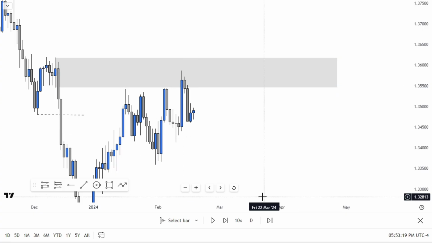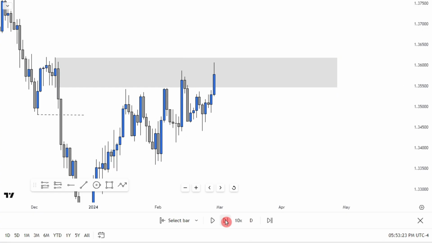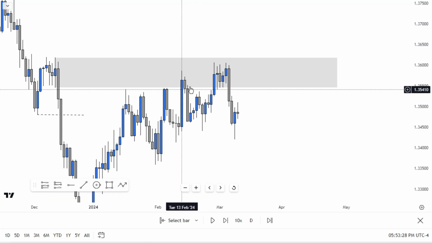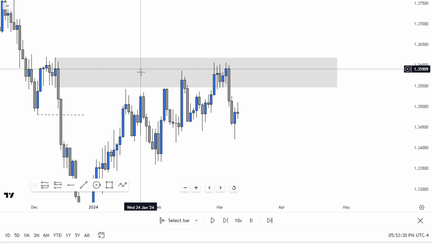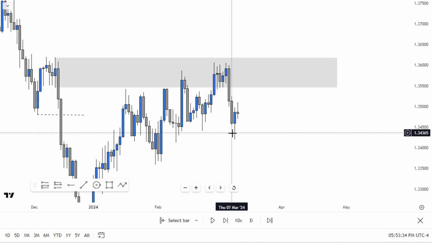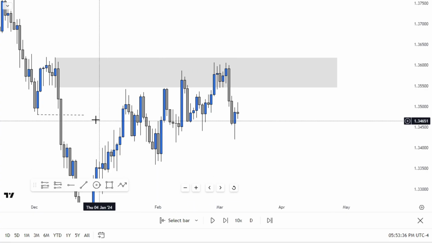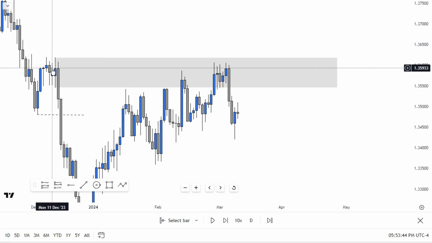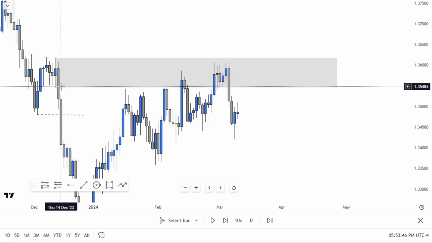Now let's fast forward some more to see how price plays out. As you see, price then returns back into the zone to give another rejection to the downside. So once all criteria have been met, you can then consider this a valid order block.